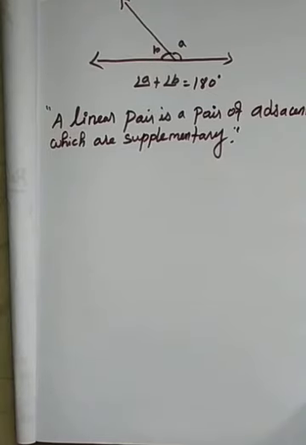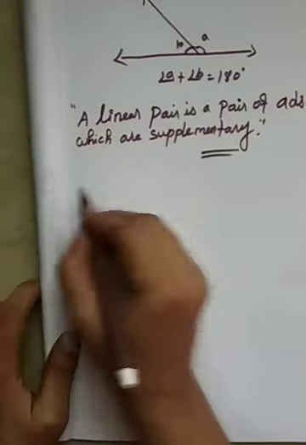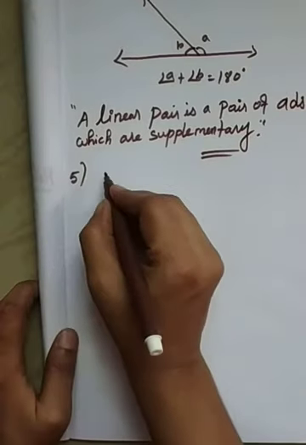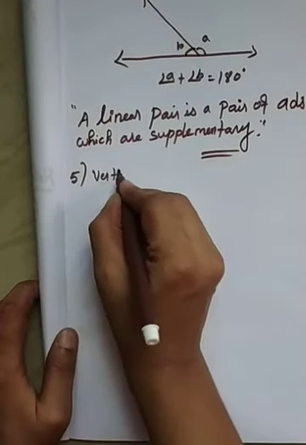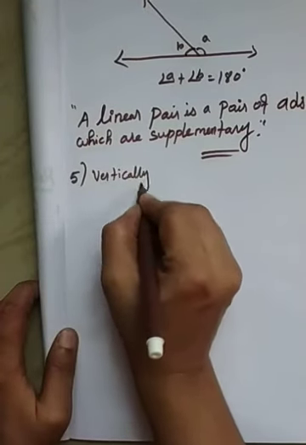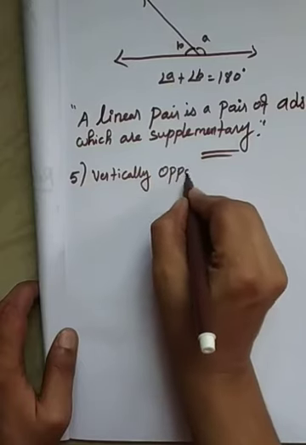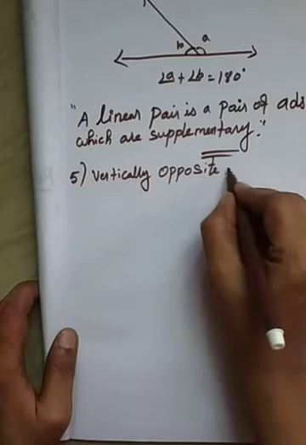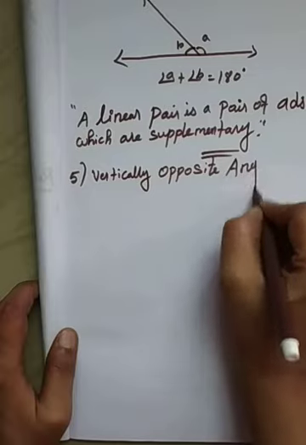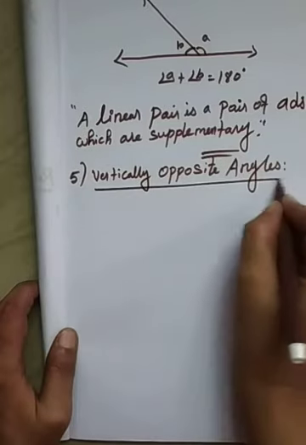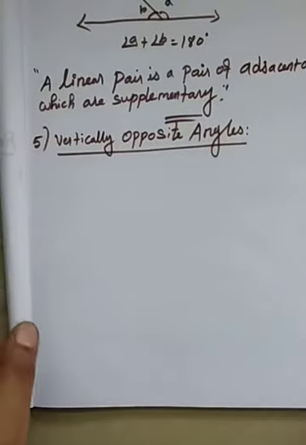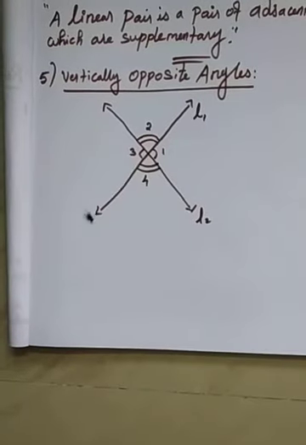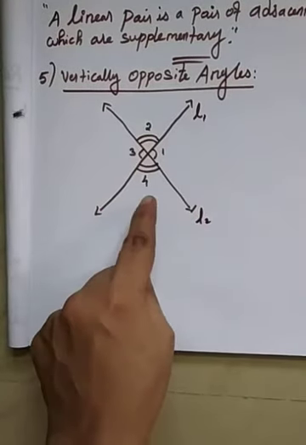Now the next one is vertically opposite angles, the fifth one. Look at the picture given alongside.